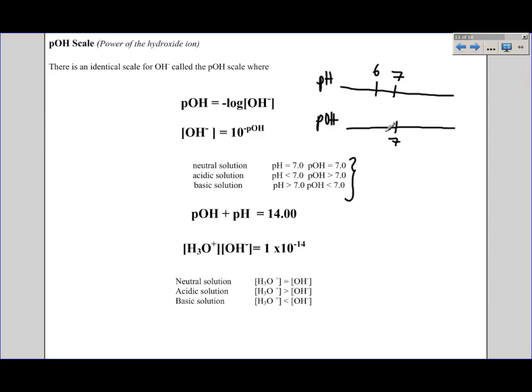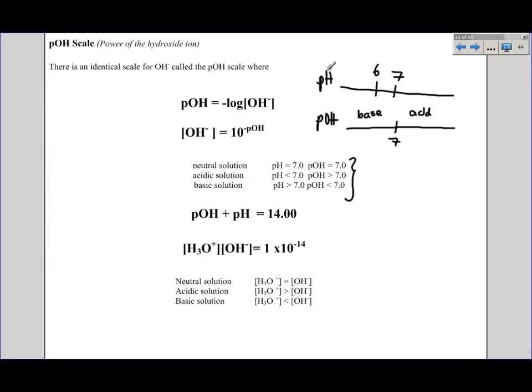And if we look at these scales, when you have a high concentration of hydroxide, you're going to have a low pOH. So the pOH scale is actually the opposite, in that a lower pOH is going to be a basic solution and a higher pOH is going to be an acid solution.